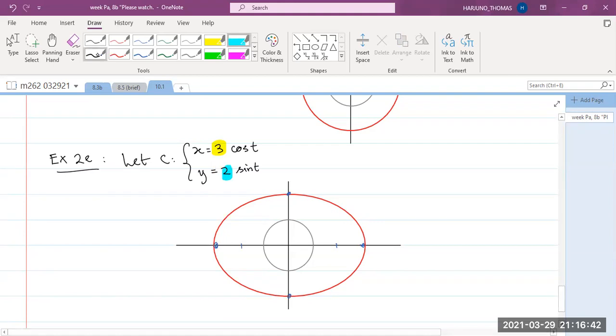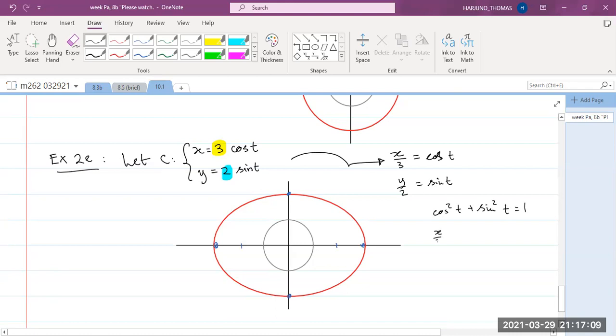In fact, we can show this by equation. Notice that x over 3 is cosine t, and y over 2 is sine t. Right? Now cosine squared t plus sine squared t is equal to 1.